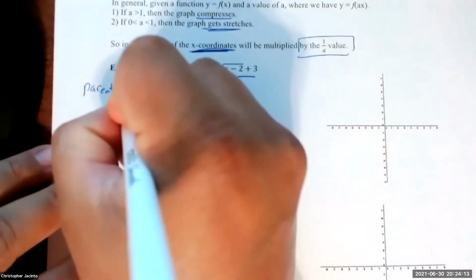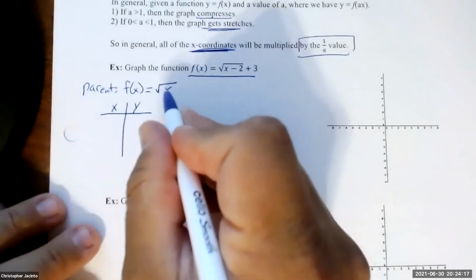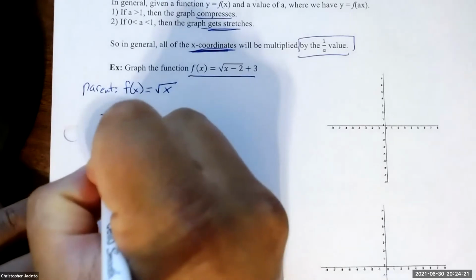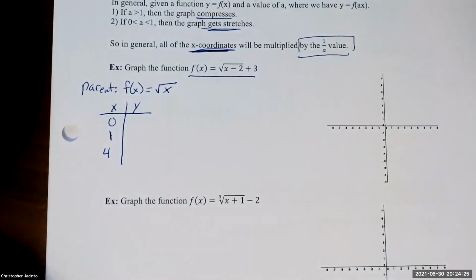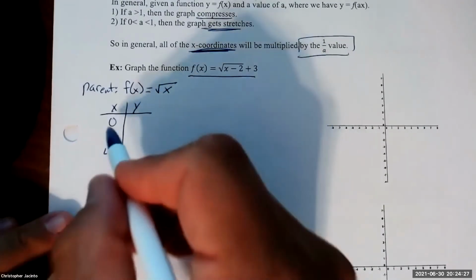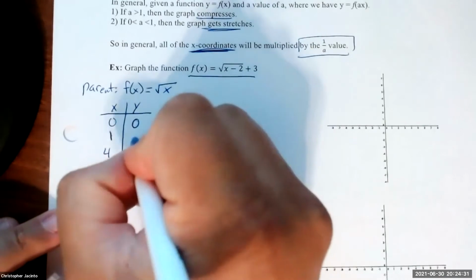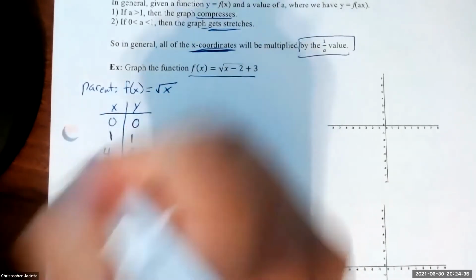So we're just going to make a little t-chart. Notice I can't plug in -1 because it doesn't exist, so I have to start at 0. I don't know what the square root of 2 is, so I know 4, so we'll just do that, make it easier. So the square root of 0 is just 0, the square root of 1 is just 1, and the square root of 4 is just 2, right? We did it earlier.